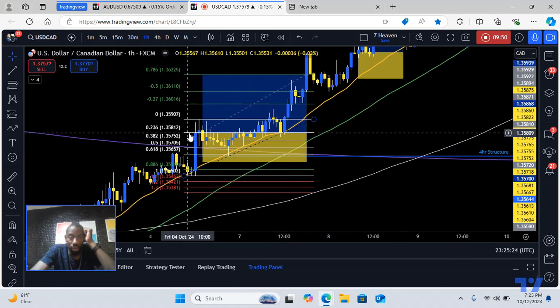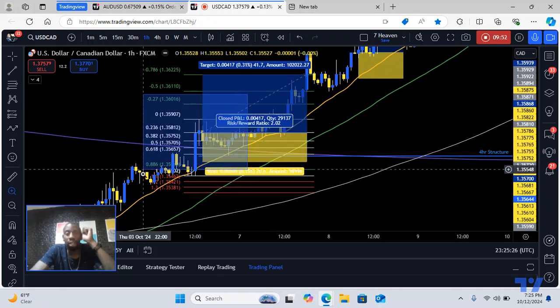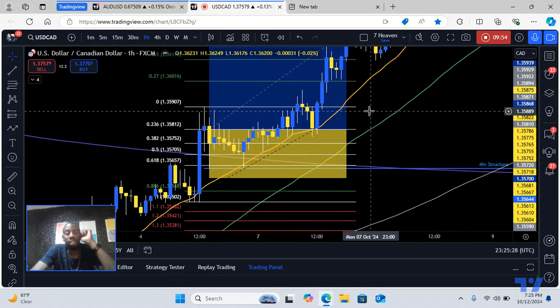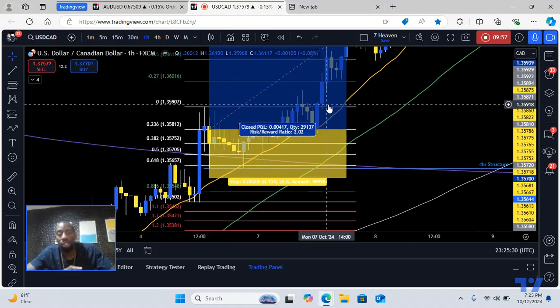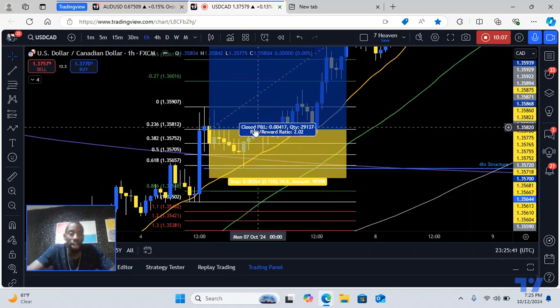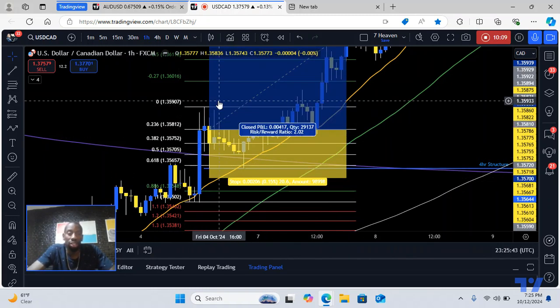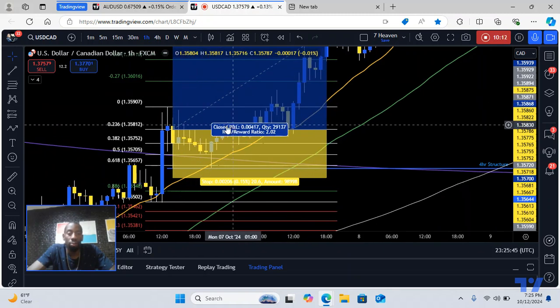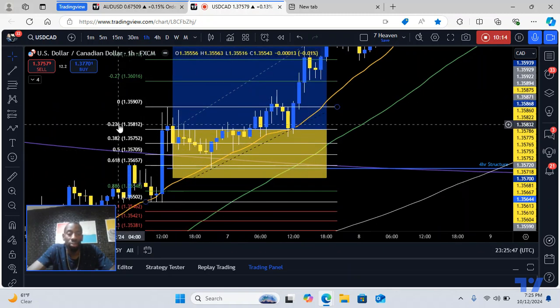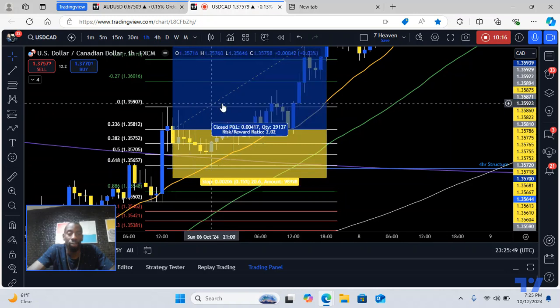Of course, if we're taking a setup at this point, the market structure was going up, the 4 hour was up, along with the daily and the four horsemen direction, right? So the 4 hour scope was up. So we just had to wait for the 1 hour to be an up structure, which it did here, and then we wait for a pullback to the negative 23.6 level without the 0 point being reached, right?